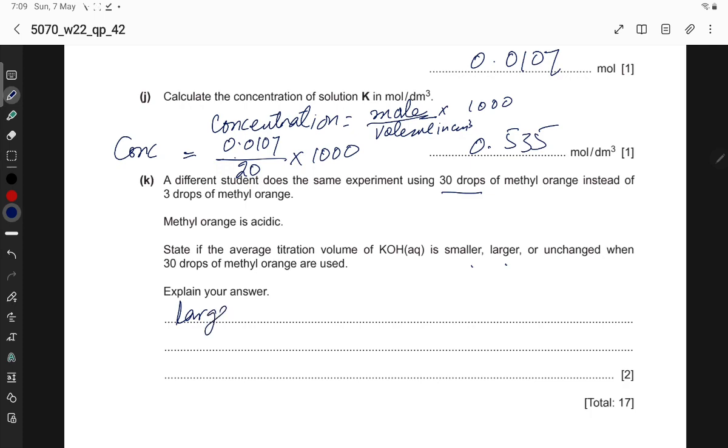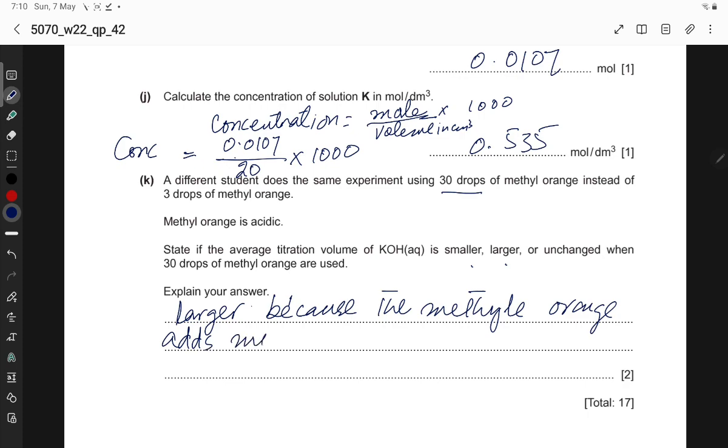Larger, because the methyl orange adds more acid to the conical flask.